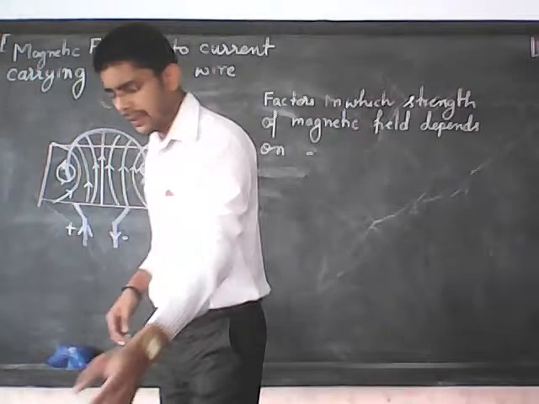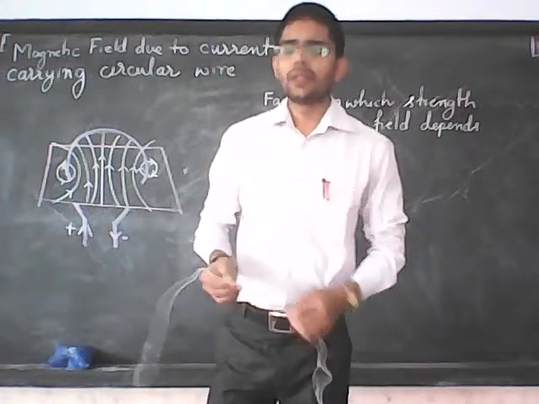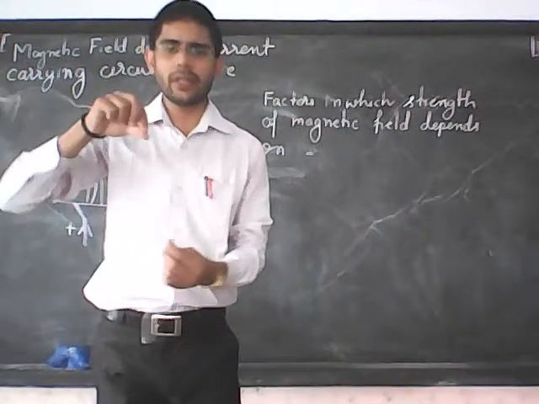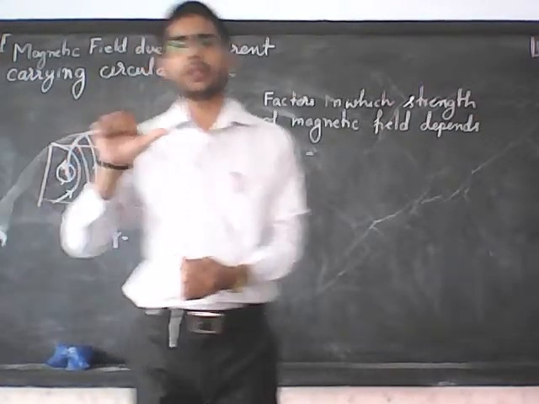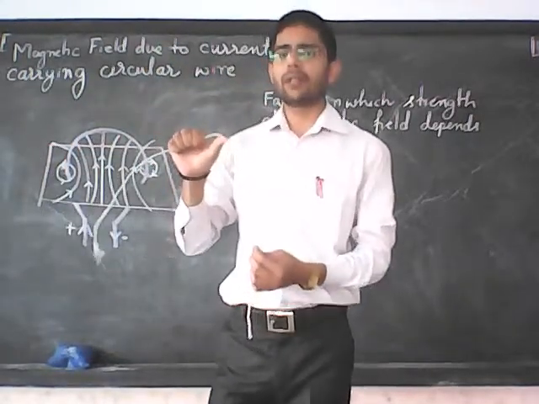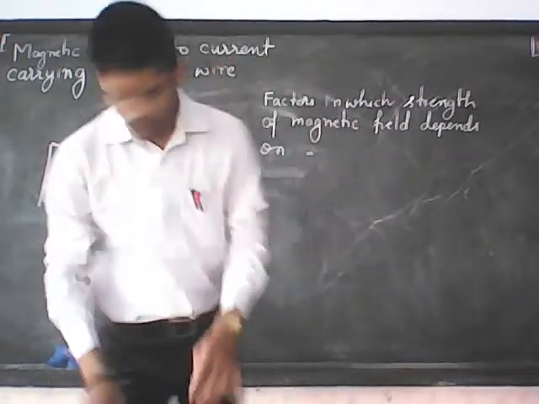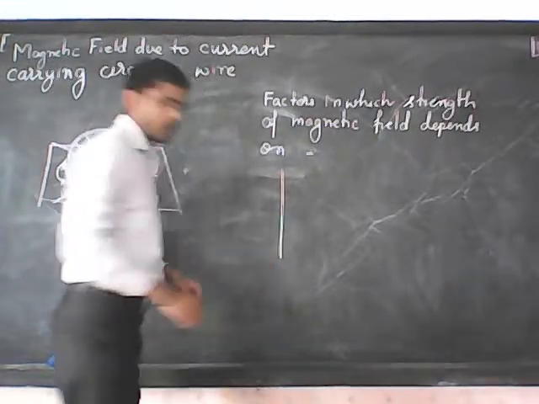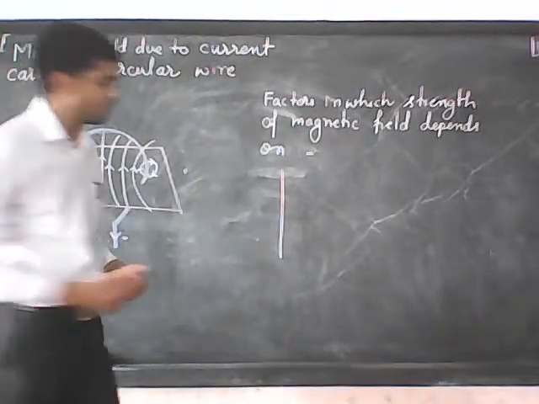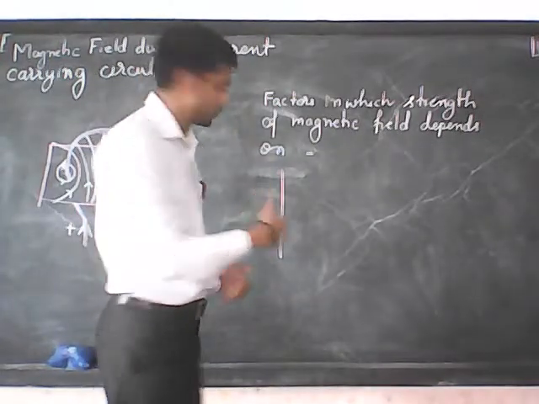Last class, through the activity, I tried to clarify that when you have a straight current carrying wire, how we can find the magnetic field around it. By the right hand thumb rule we can find the direction of magnetic field.